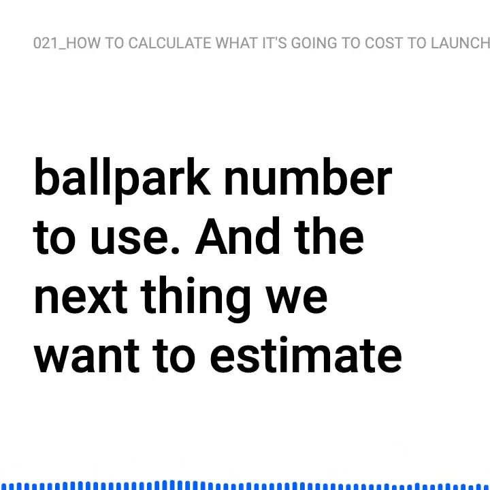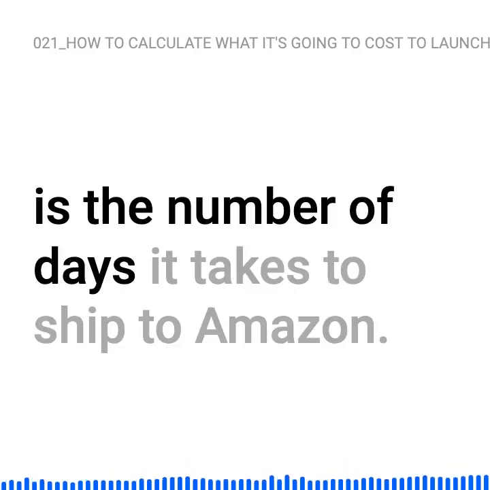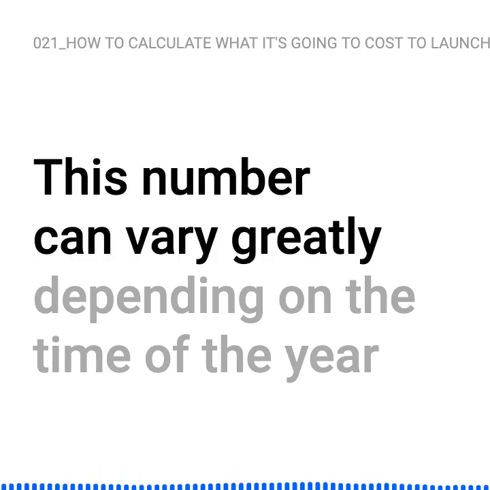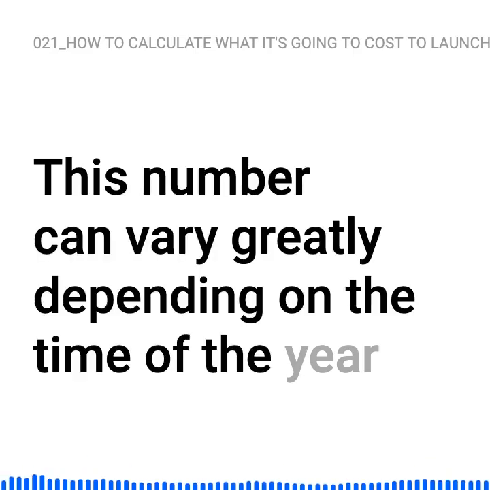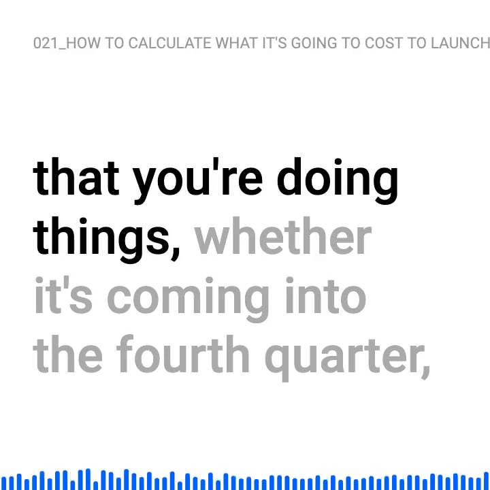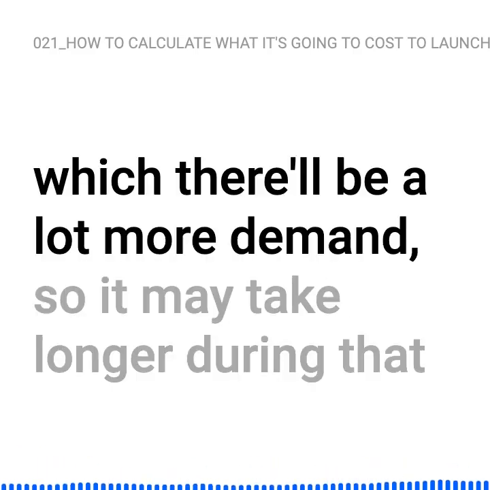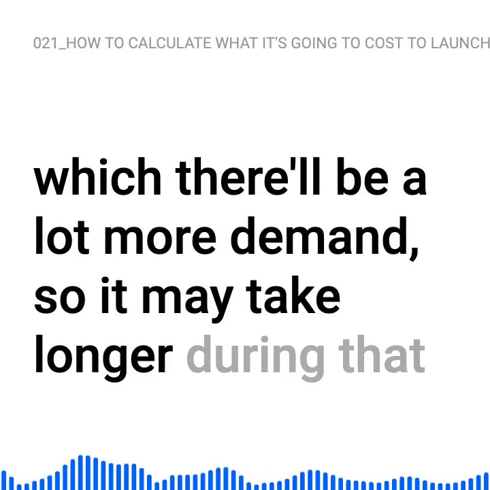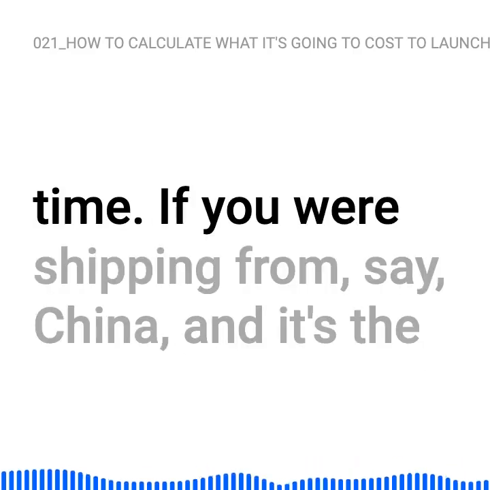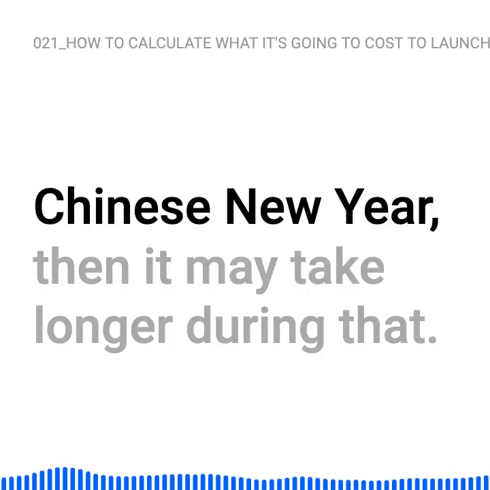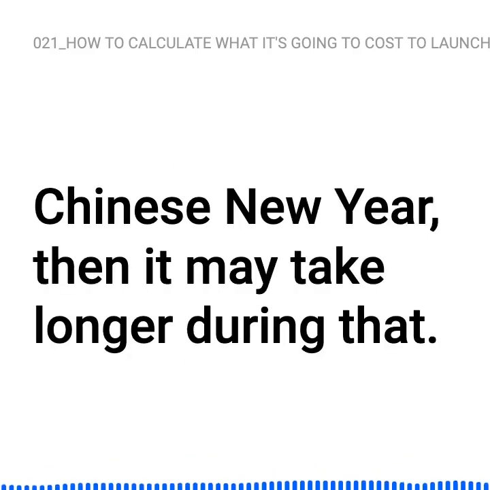The next thing we want to estimate is the number of days it takes to ship to Amazon. This number can vary greatly depending on the time of the year, whether it's coming into the fourth quarter, when there'll be a lot more demand, so it may take longer during that time. If you were shipping from, say, China and it's the Chinese New Year, then it may take longer during that time.